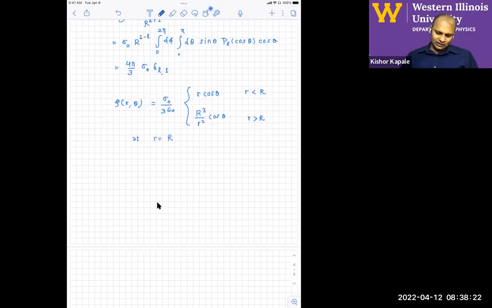So let's look at the interior at r equal to R, and that's going to give us R cosine theta.